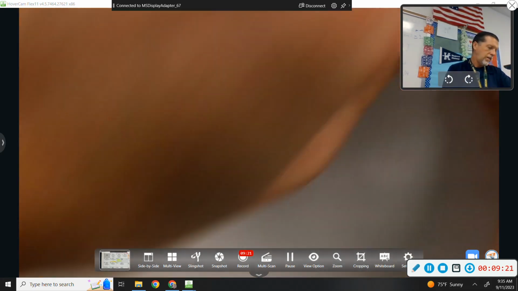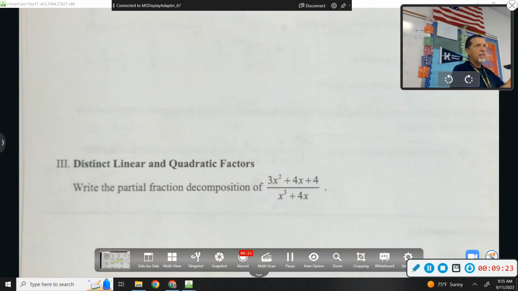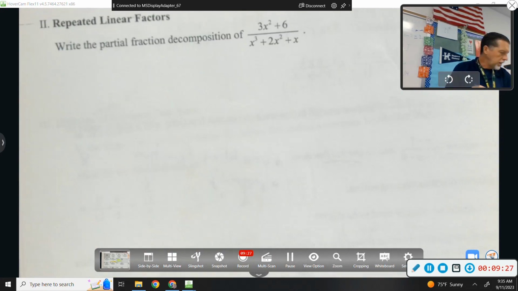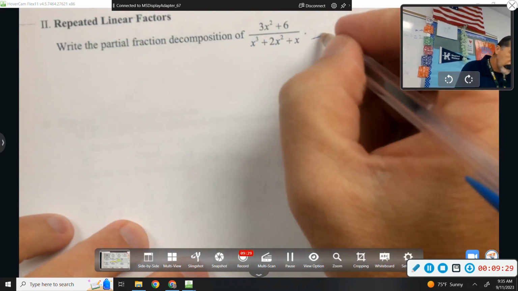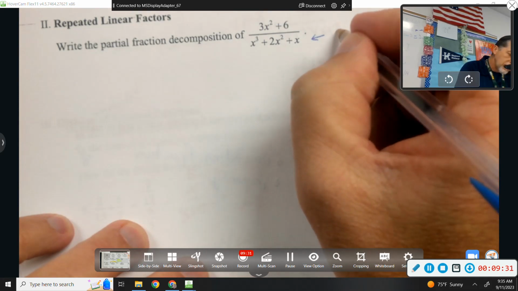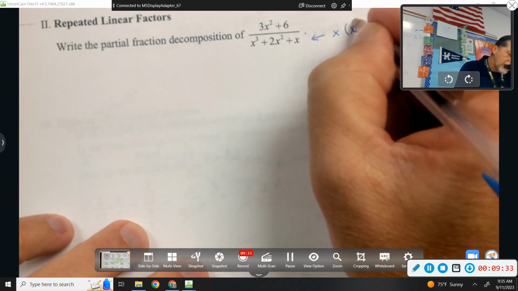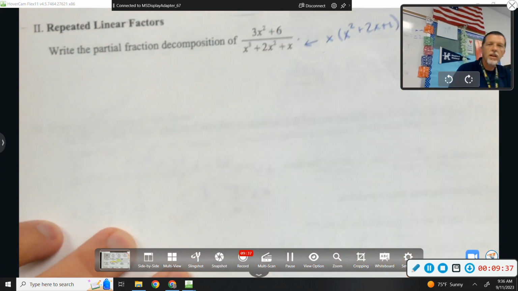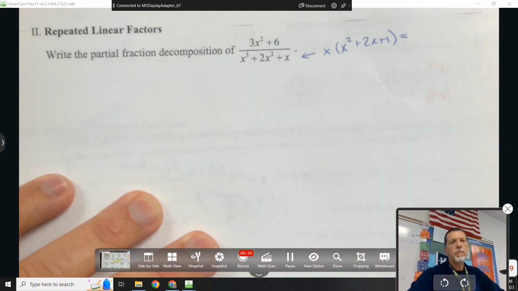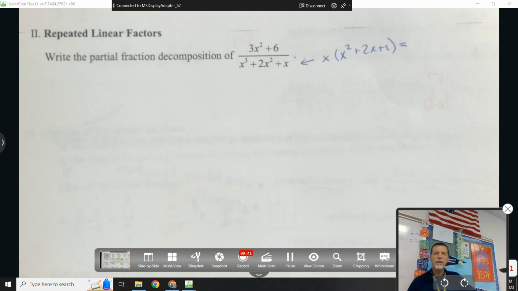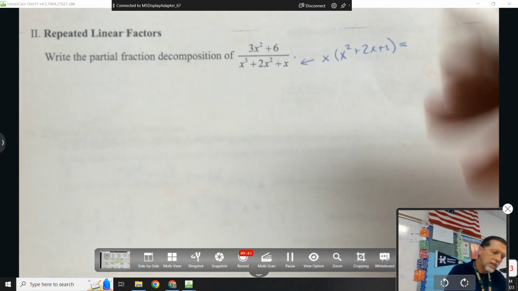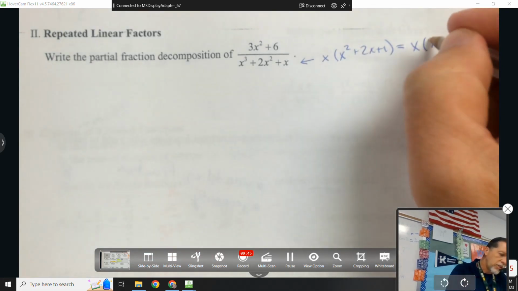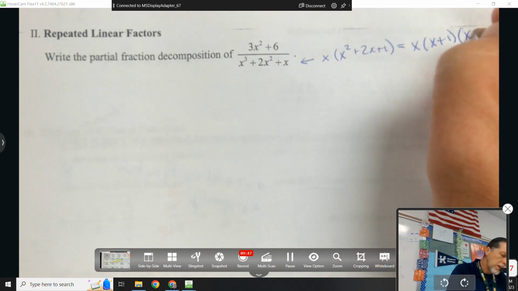All right, now let's make things a little trickier here. Let's factor the bottom. So factor out an x, that leaves x squared plus 2x plus 1. And then x squared plus 2x plus 1 factors into x plus 1, x plus 1.